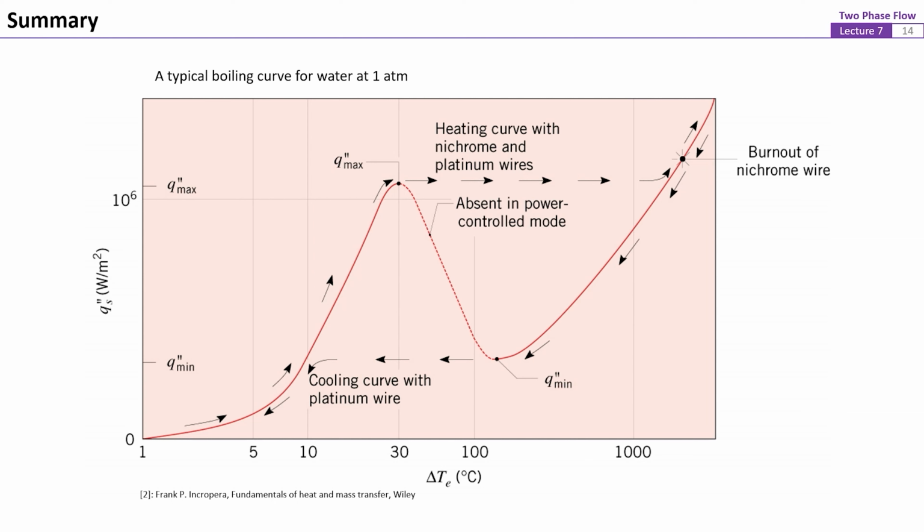It should be noted that the mechanisms and the characteristics of heat transfer associated with condensation process are somewhat similar to the boiling process, but in a reverse manner. Information regarding the condensation heat transfer, especially film condensation, can be found in the reference books. We will discuss about the analysis for both boiling and condensation processes in more details in the following lectures.